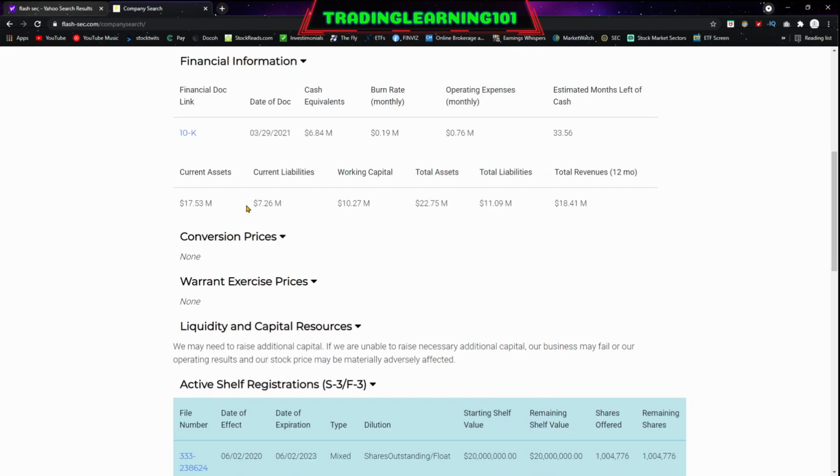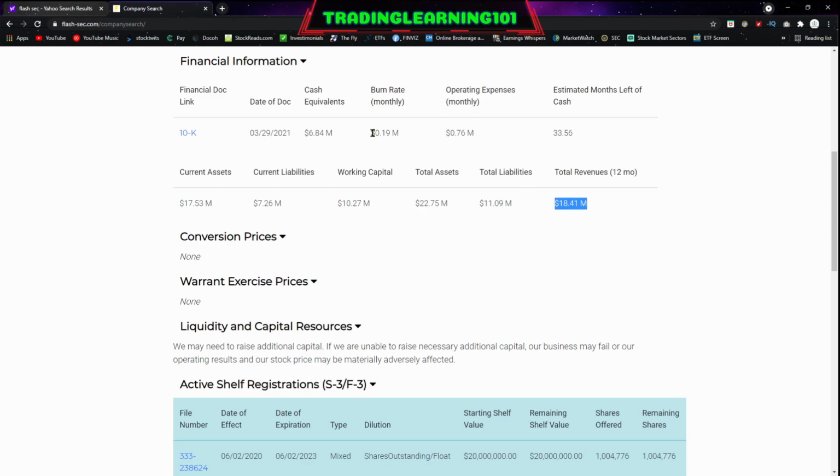So next, I'm just going to run through quickly their current assets, their liabilities, working capital, total assets, and then their total revenue. How much money is the company making per year? So this company's making $18.5 million a year.